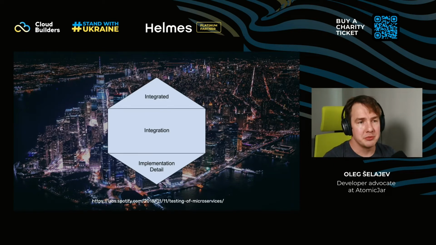At the same time, the importance of integration tests, where we would like to verify that our component, our application works with the technologies that it needs to work with in production, grew.